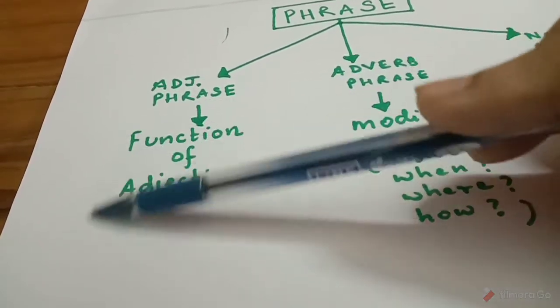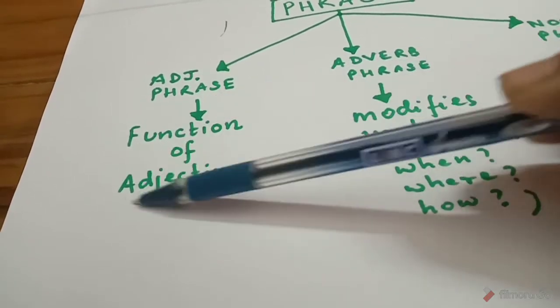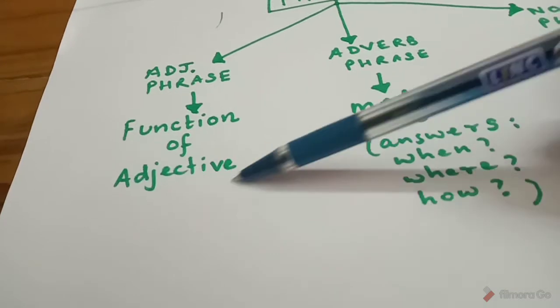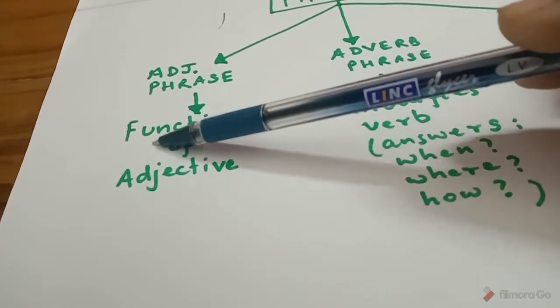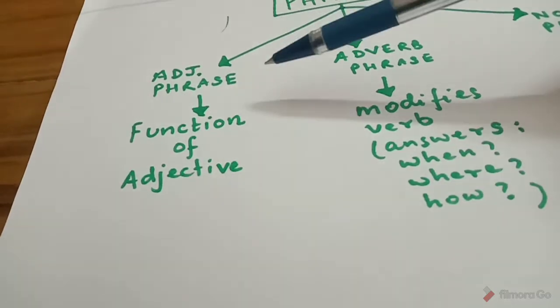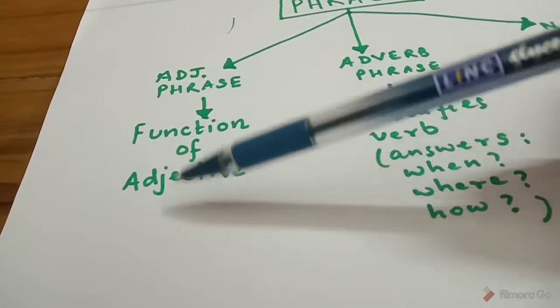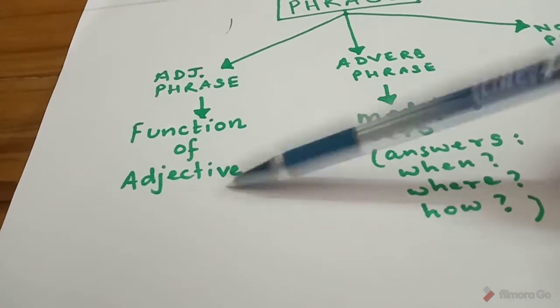This group of words can be 2 words or 3 words or 4 words or 5 words. It should have at least 2 words, then it forms a group. So this group of words will do the function of an adjective, meaning it will tell us something about a noun.